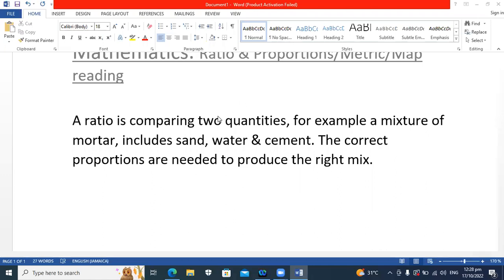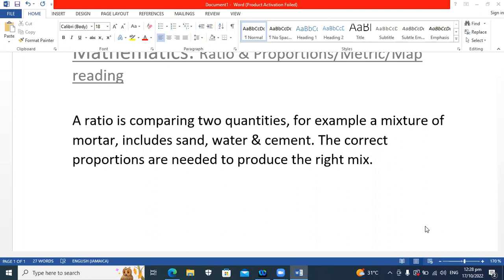And you have so many other examples that you could use, for example cooking, baking, even making alloys, certain types of metals. For example, zinc is a mixture of iron and some other stuff.